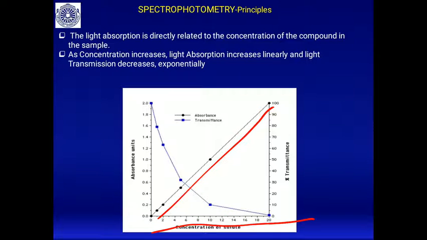As concentration increases, the absorbance also increases and the transmittance decreases. The amount of light passing out of the sample decreases, and you will find this decreases at an exponential rate.